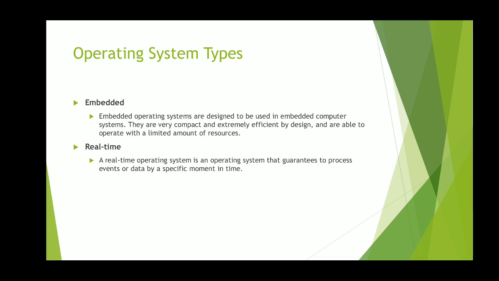It is defined as an operating system that guarantees to process events or data by a specific moment in time. So we get real-time performance by using this real-time operating system, and it also needs very few resources compared to all other types of operating system.